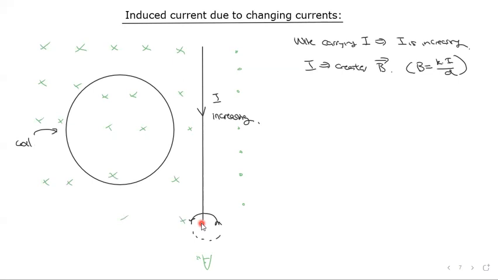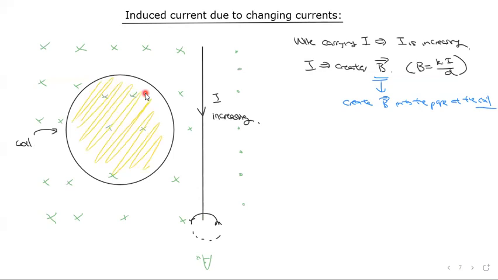What's more important for us is that it's going to go into the page. So it'll create a magnetic field, which for our coil, which is to the left of this wire, will be into the page at the coil. Remember, when we're looking at induced currents with coils, we only care about the inside of the coil. And by that, I mean this area here. We don't care about the outside of the coil. We care about the inside of the coil always.